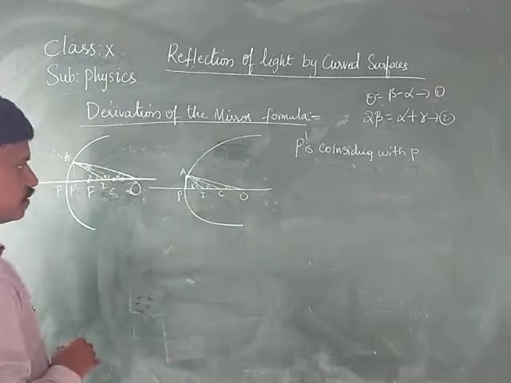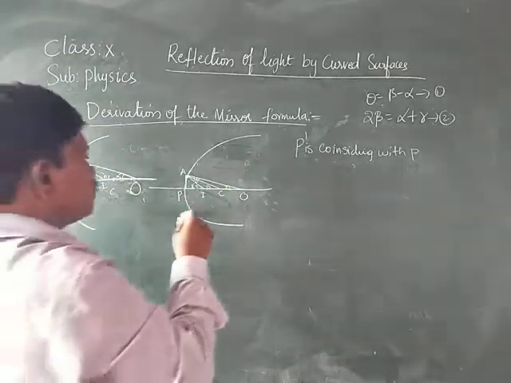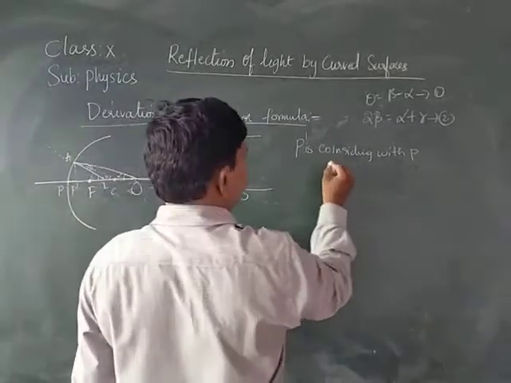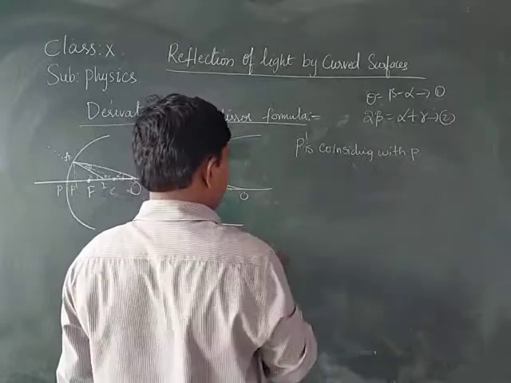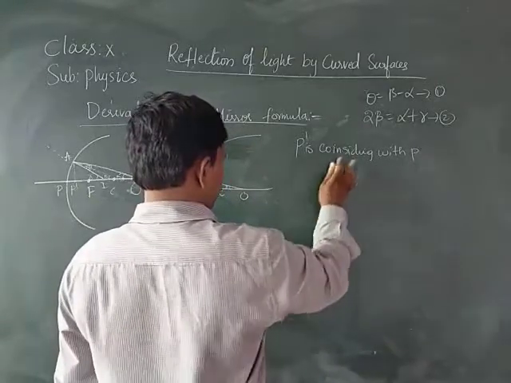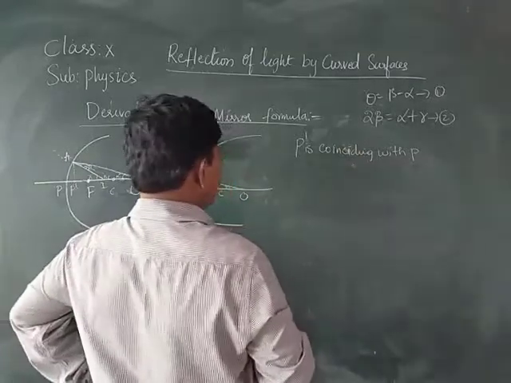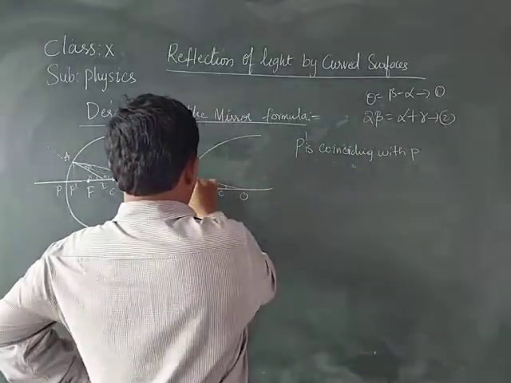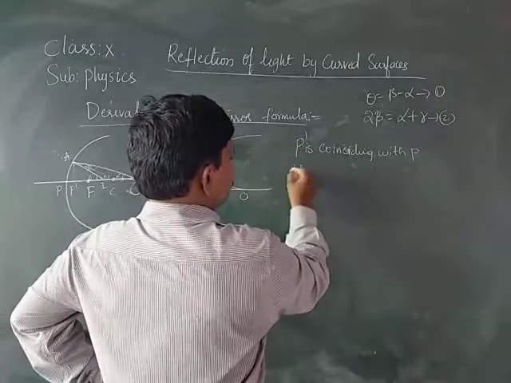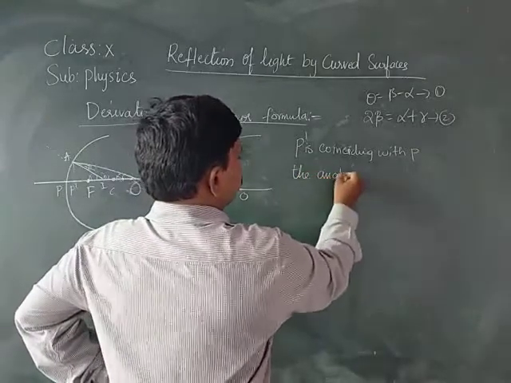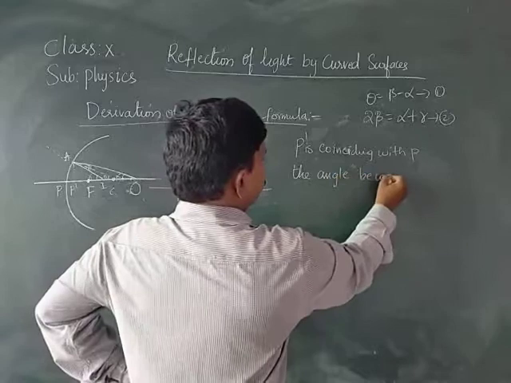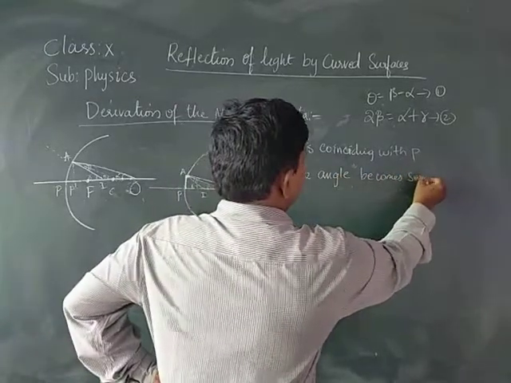When P dash is coinciding with P, the angle becomes small.